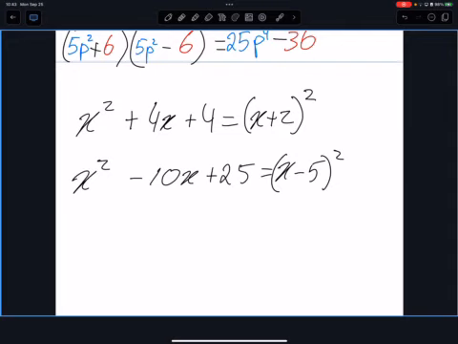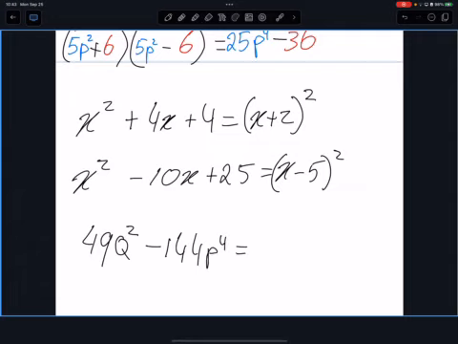And now the one that has many variants. This is a plus b, a minus b.